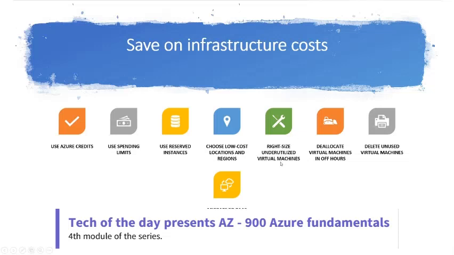Then you have right size underutilized virtual machines. In the previous discussion about Azure Cost Management and Azure Advisor, Azure Advisor might recommend right sizing or shutting down VMs. Right sizing a virtual machine is the process of resizing it to a proper size.